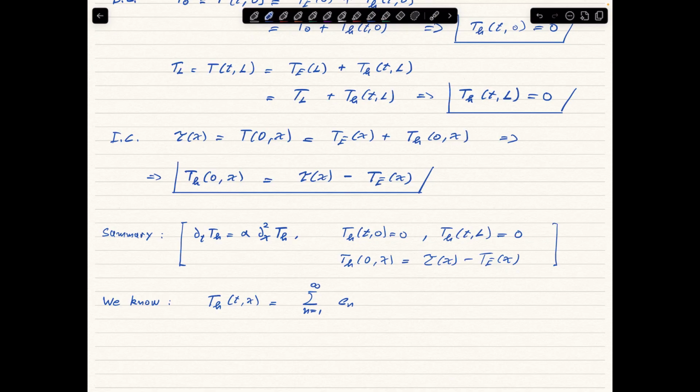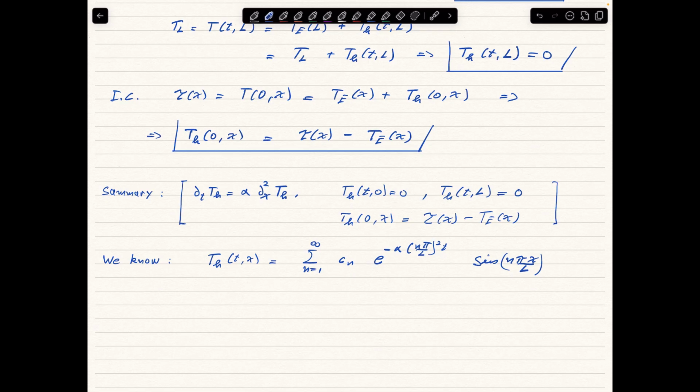What we are going to have here is a constant Cn, we are going to have exponential of minus alpha, then the eigenvalues for that problem, n pi over L squared, multiplied by t, and then sine functions of n pi x over L.